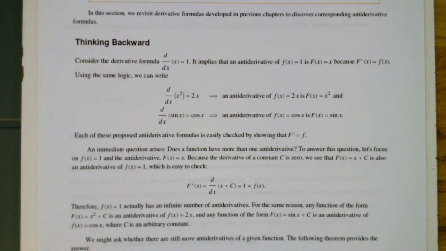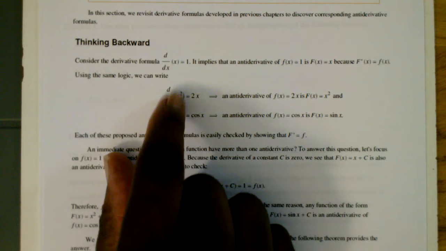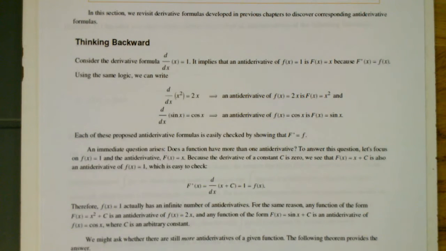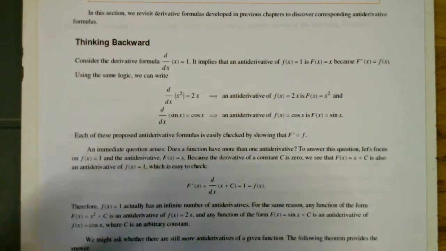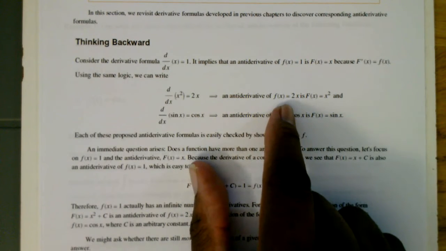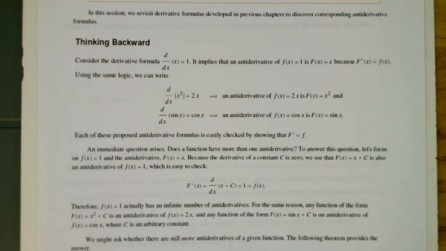It implies that the antiderivative of f of x equal to 1 will have to be capital F of x equal to x, because if I take the derivative, which is F prime of x, that would give me f of x. Using that same logic, the derivative with respect to x of x squared would be 2x, and that would imply that the antiderivative of f of x equal to 2x would be capital F of x equal to x squared.